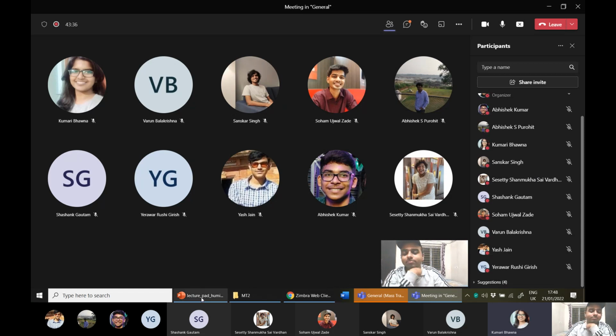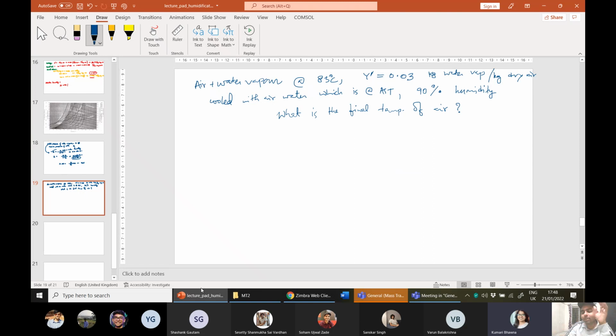God help you. So anyway, does anyone have any clue on how to work out this problem? Or if you already got the answer, you can explain to us. Shoham? Yes, sir. So from the point of 83 degrees and 0.03 absolute humidity, the first step is to mark this point, right?